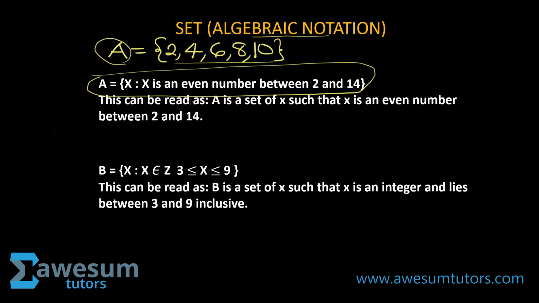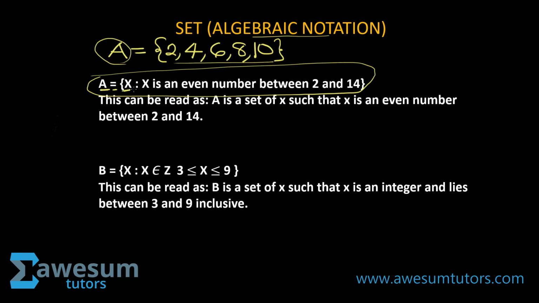The first thing is you need to know how this can be read. So this is read as A is a set of X, because you have the brace that tells you it is a set, and then you have X here.